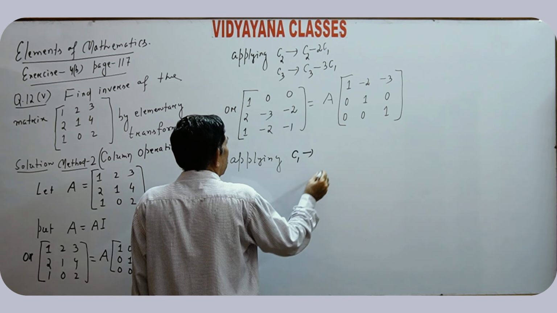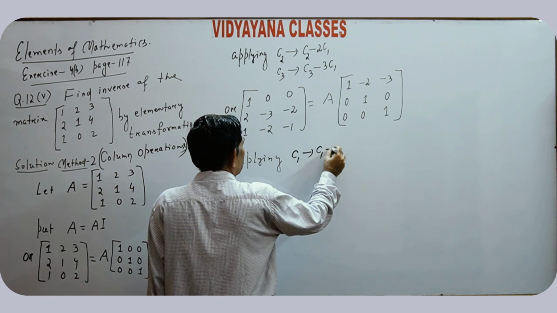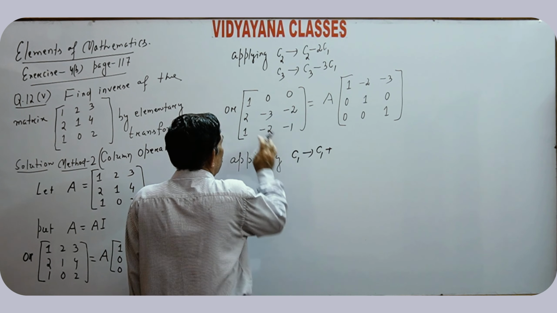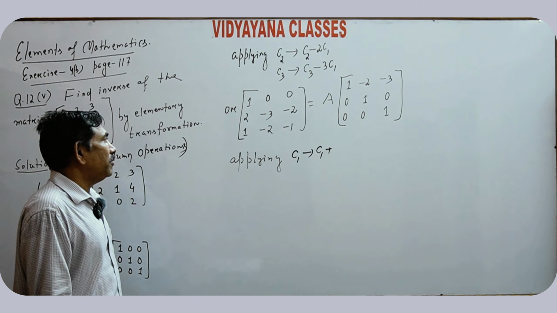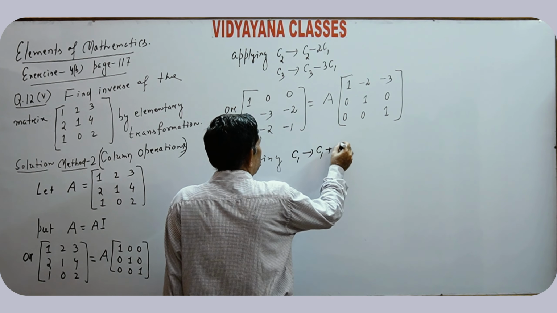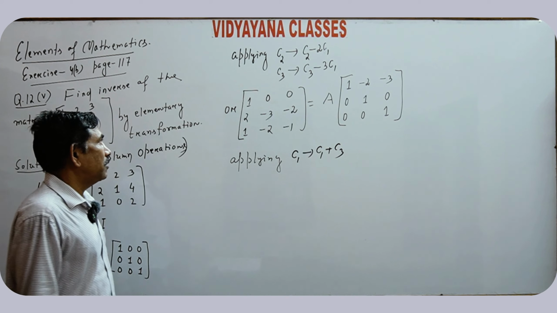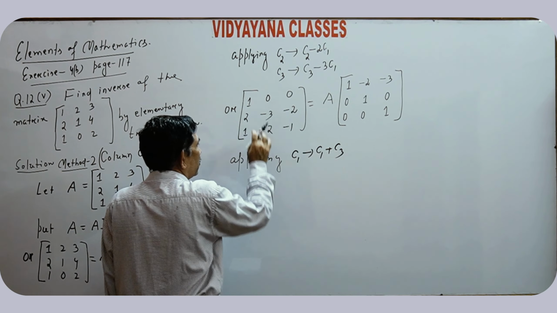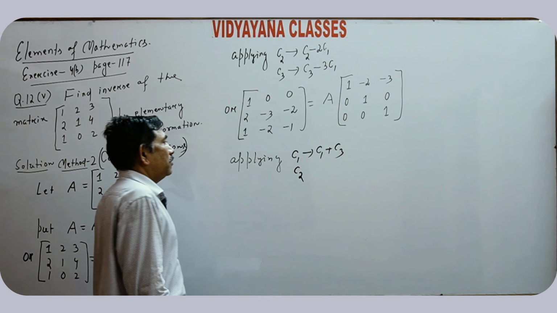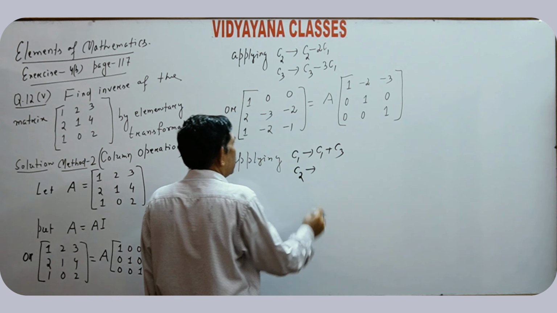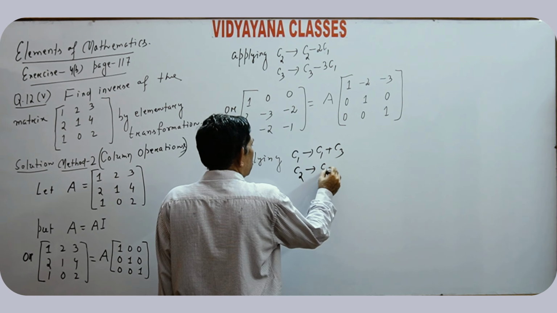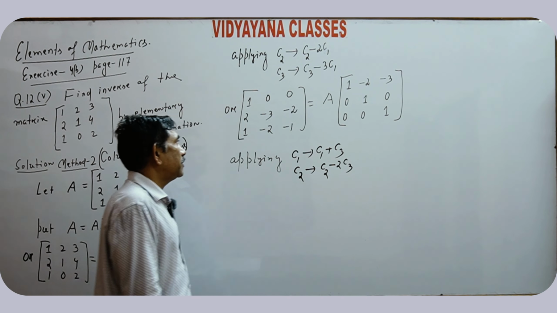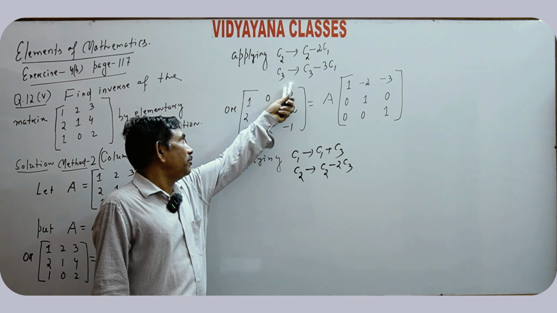Column 1 is replaced by column 1 plus column 3. Column 2 is replaced by column 2 minus 2 times column 3, without changing the elements of row 1.